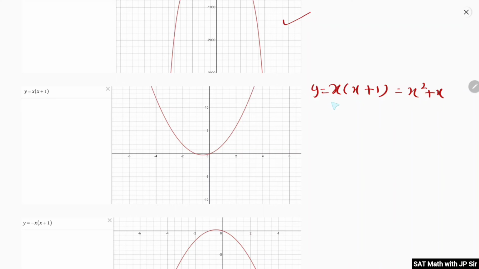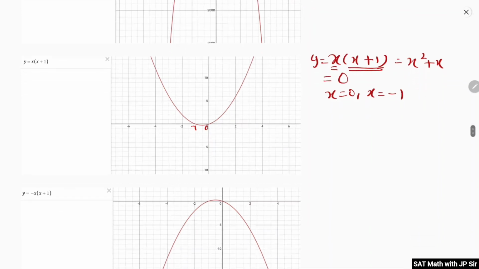But some more details you can figure out from here. If you put this 0, x is 0 and x is minus 1. Clearly we have minus 1 and 0 as intercepts. So we can get some more detail from this.